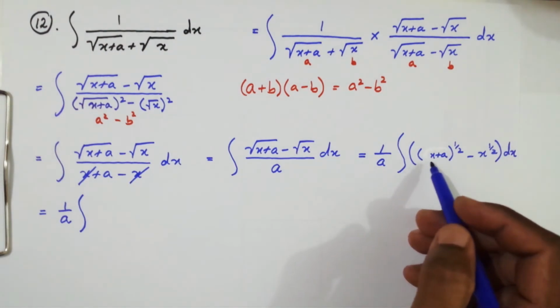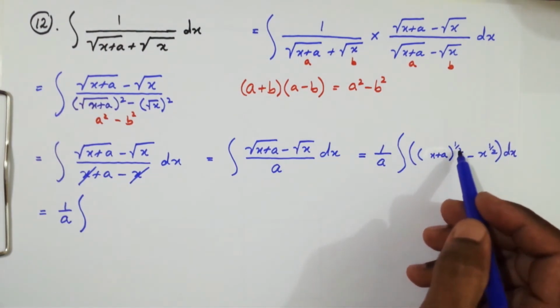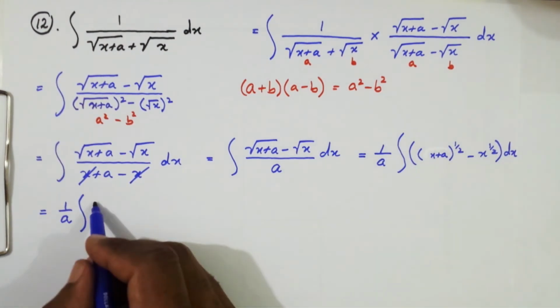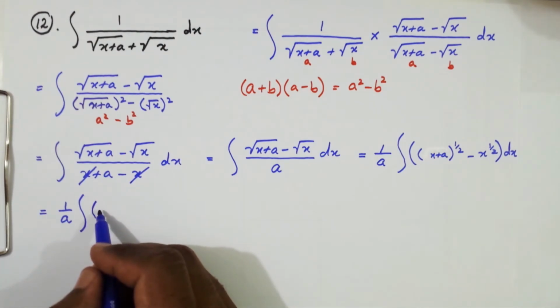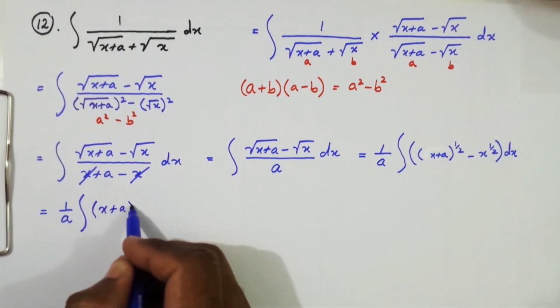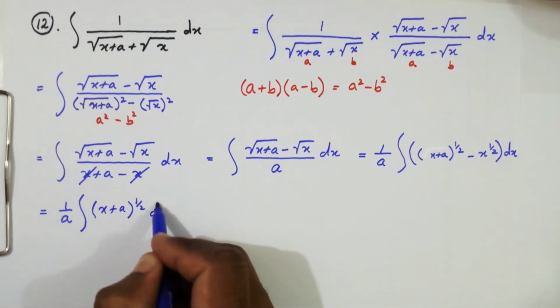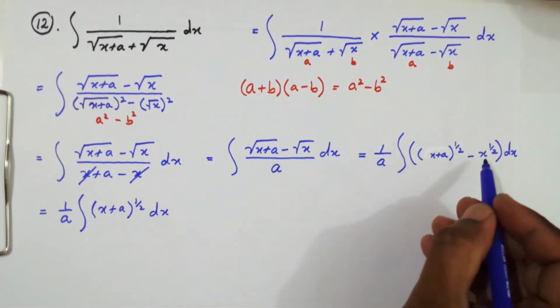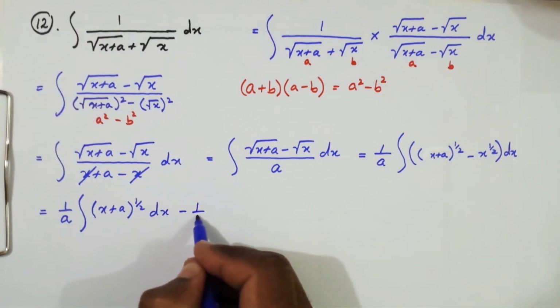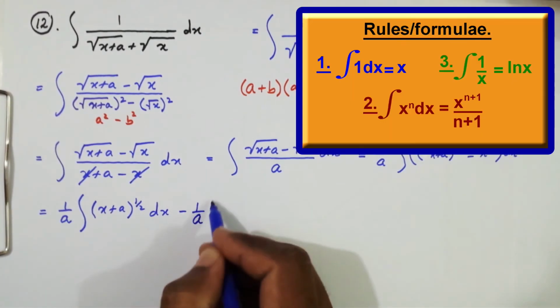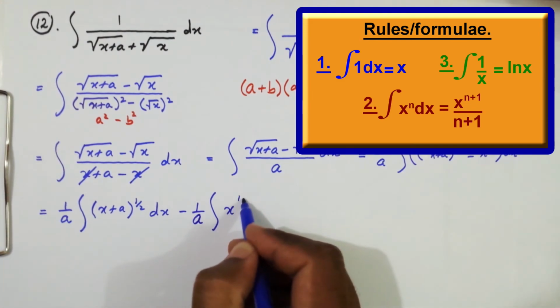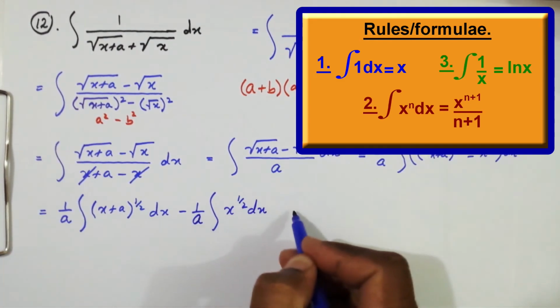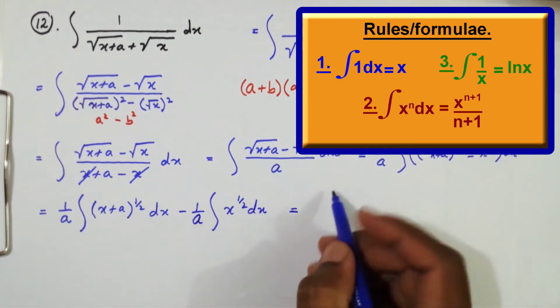After changing the sign of these radicals into powers, we apply integral sign separately with each term. Also multiply 1 by a with this second term. Now we are going to find the integration of these terms.